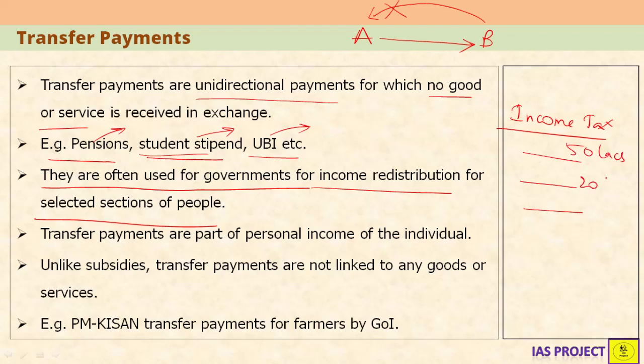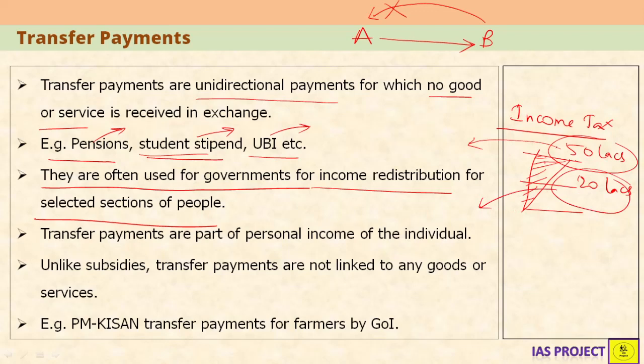If you are earning 20 lakhs, the tax is relatively less compared to the tax on 50 lakhs. So as the income increases, the amount of tax also increases, so that higher income people contribute more towards income tax and lower income people contribute relatively less.